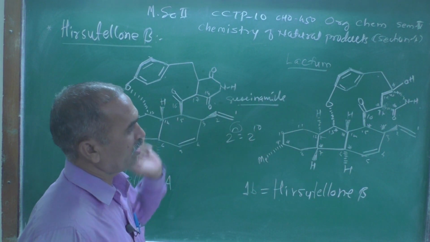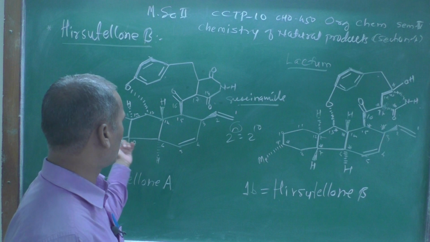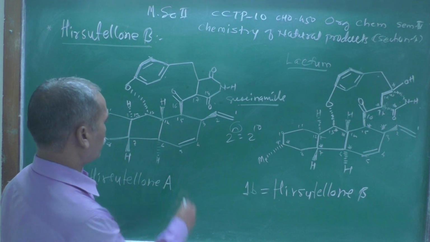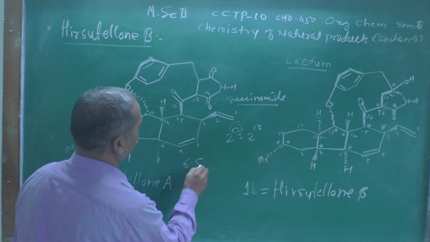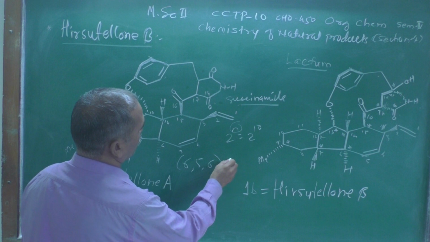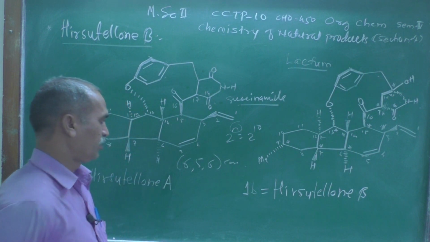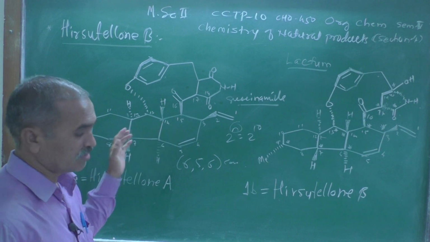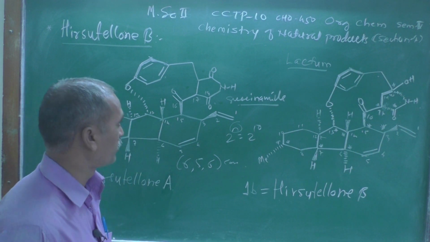And as far as the rings are concerned, look, there are continuous rings, a core of 6, 5 and 6. This is generally the core present here: 6, 5, 6, 5, 6. These rings are fused together in that core.